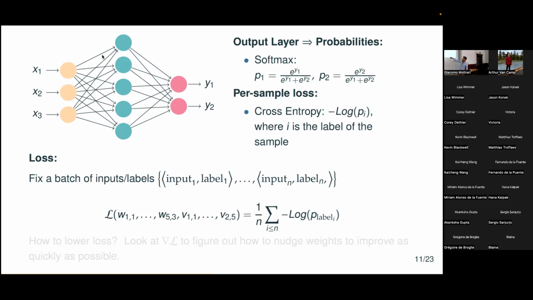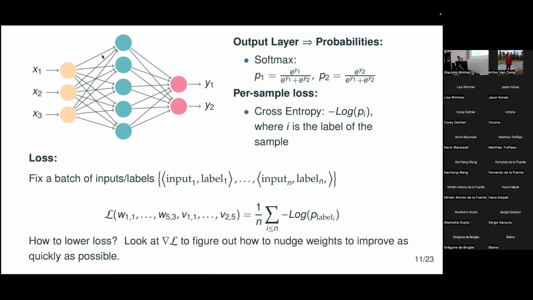So given a fixed batch, the error that we get is just a function of the weights. You plug in some weights, there's a fixed batch that we're evaluating with respect to those weights, determine the output probabilities, which then determine the loss. And now we know we've done poorly on this training batch. How do we improve things?